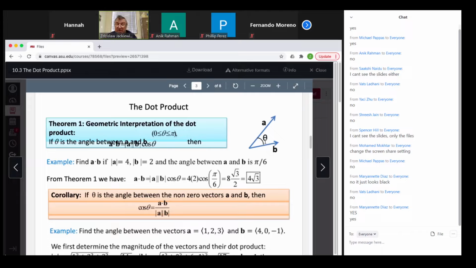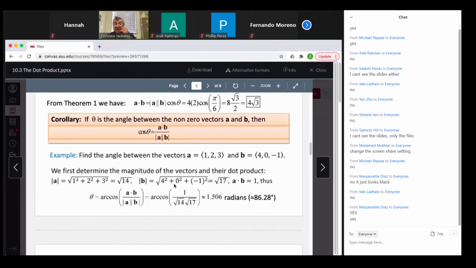If you are given two vectors and asked to compute the angle between them, you use this theorem and compute cosine theta. Cosine theta is A dot B. We know how to do this, yeah? You multiply component by component and divide by magnitude of A, magnitude of B. That's how you compute the angle between two vectors.